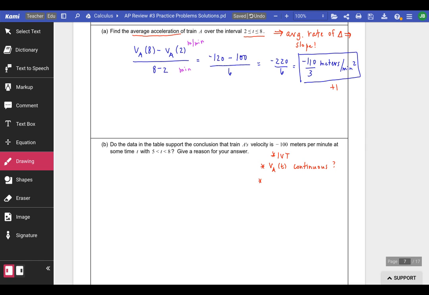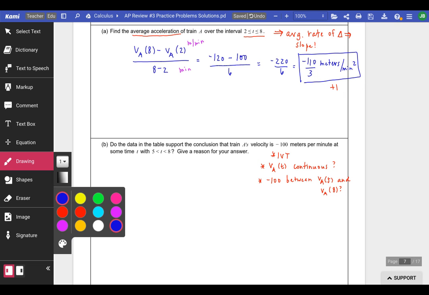The second thing we would need to show is, is negative 100 between the function values of our endpoints, between v sub a of 5 and v sub a of 8? If we can show those two things, then we can say that the IVT applies and we can guarantee that the function will take on that value.